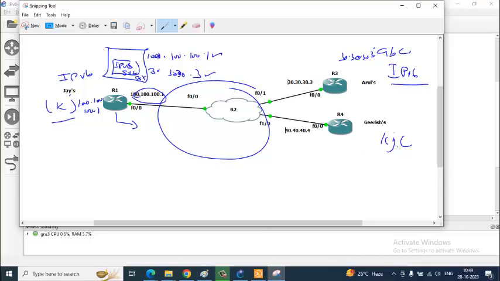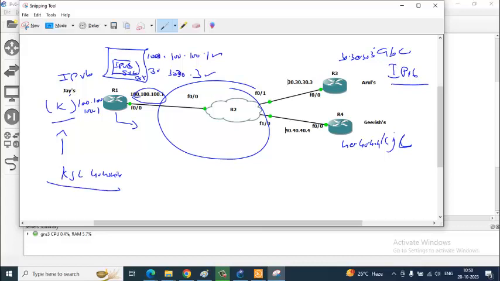This KJL will be embedded with 40.40.40.4. So your IPv6 address will also have your own IPv4 address embedded in it. So from LKJ, when I ping Girish, it is going to have KJL 40.40.40.40.